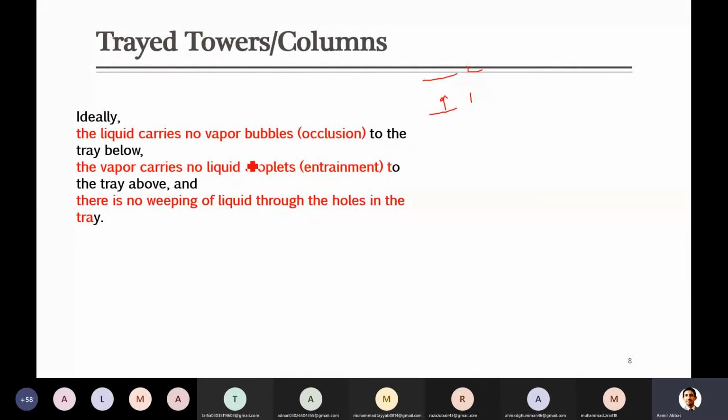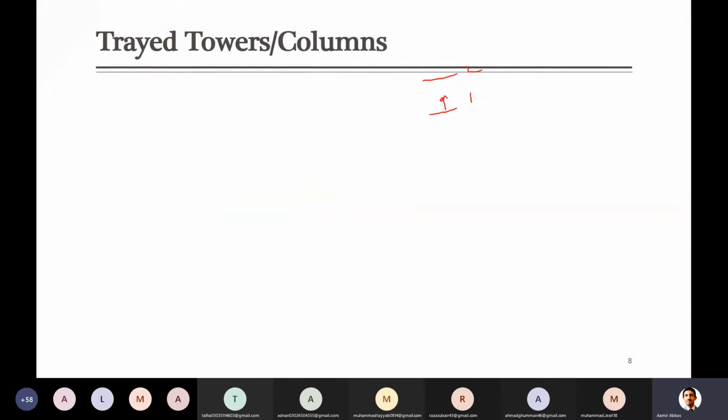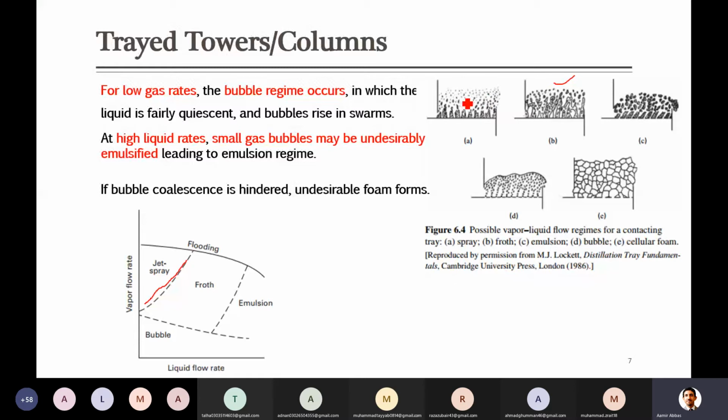Only vapor should go towards the top. This was happening in the first case we have seen, where there is a huge flow of vapor, carrying liquid droplets with it towards the top. But in these cases, opposite to that, liquid carries vapor with it, and that is called occlusion.